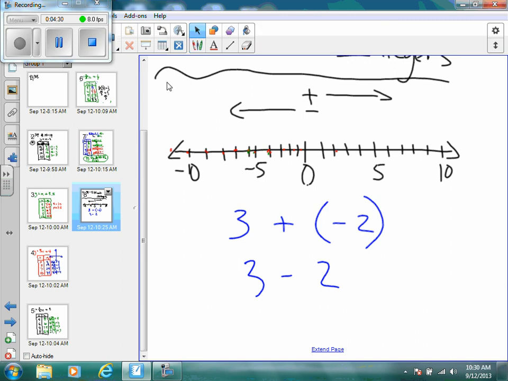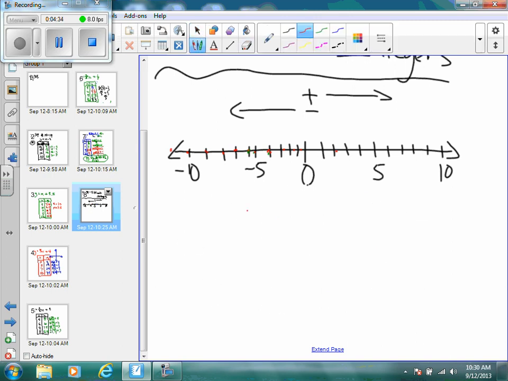Now, if we have something like this, where we say minus a negative 2, well, if adding a negative was subtracting, what's subtracting a negative going to be? Adding. So this is plus 2. 3 plus 2 would equal 5.